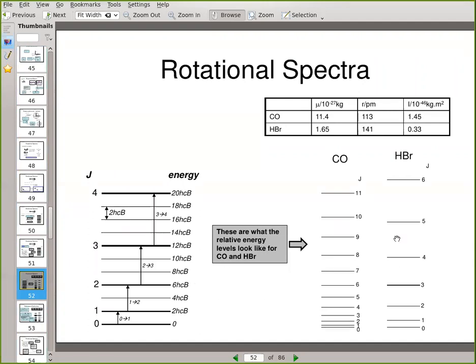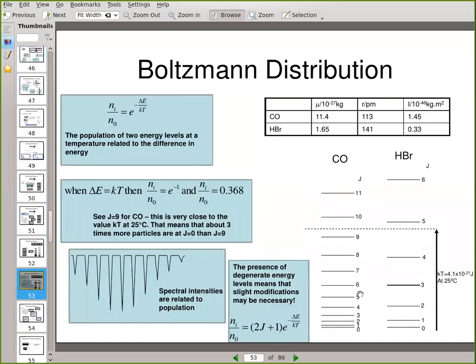Just a little point on this is I'm interested in how these energy levels are populated. Okay, so just note that we do have the Boltzmann constant, and it'd be interesting to see how these levels are populated.